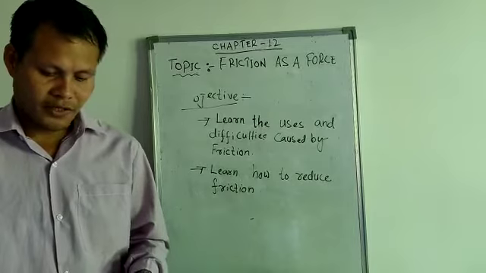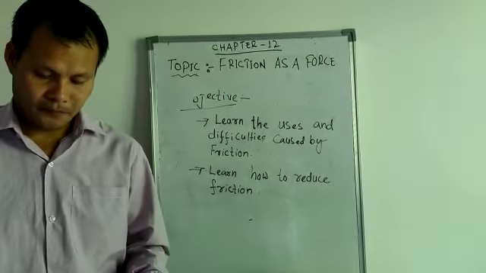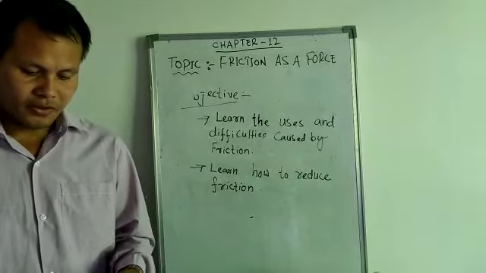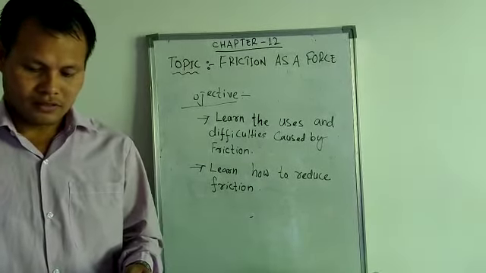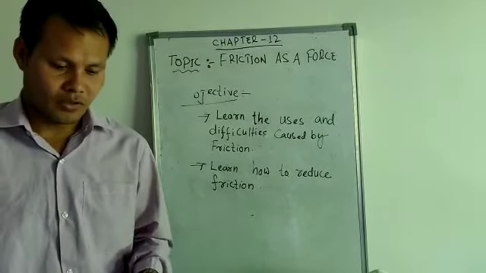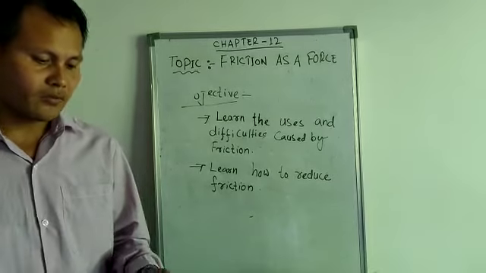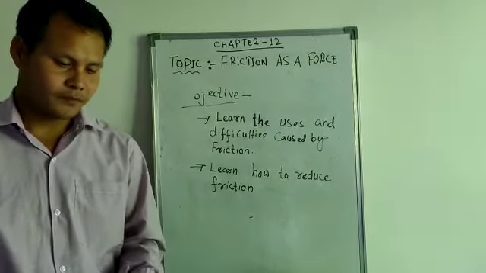To move at a very high speed, a vehicle should have a streamlined body. This reduces the friction with air and the amount of fuel the vehicle uses. Aeroplanes and ships have streamlined bodies. So these are some of the usefulness and the difficulties caused by friction.